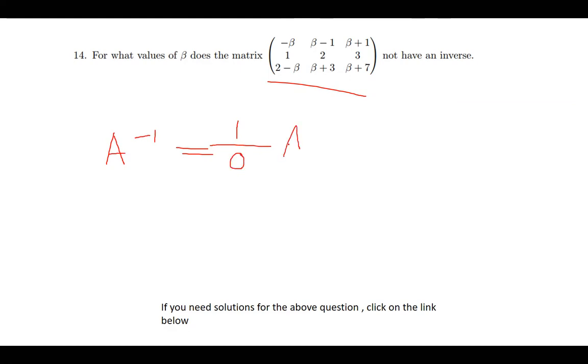So the adjoint can be there, but the determinant is going to be equal to 0. If the determinant of a matrix is equal to 0, it means that that particular matrix has no inverse. Its inverse is undefined. That is what they are trying to talk about.